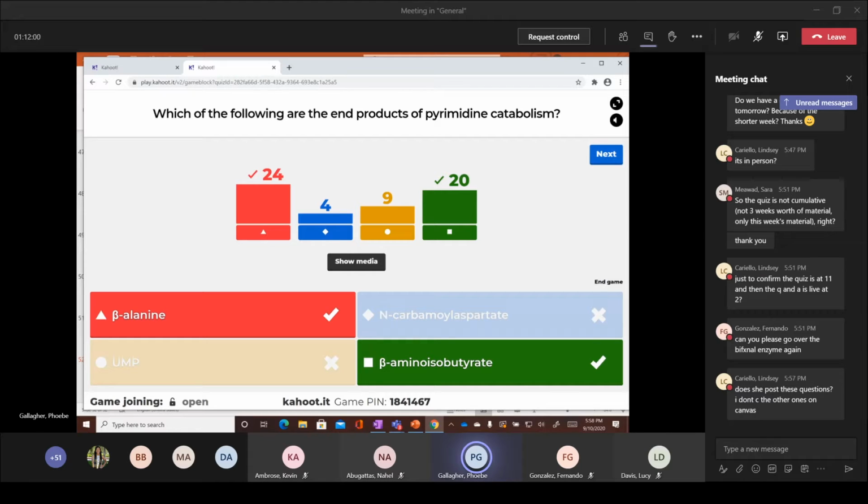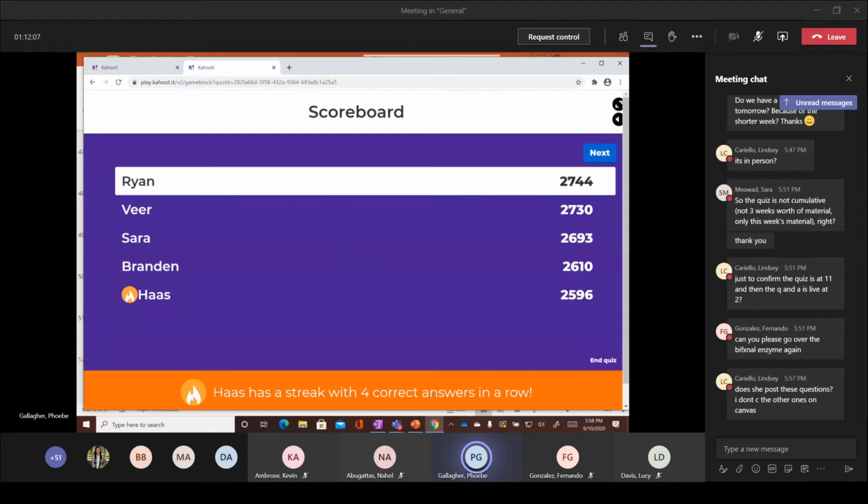Yep. Just another memorization question. It's the 2 betas that are going to be the end products of the pyrimidine catabolism.